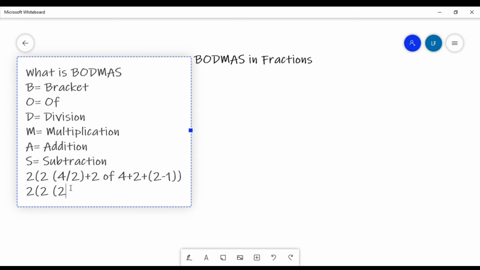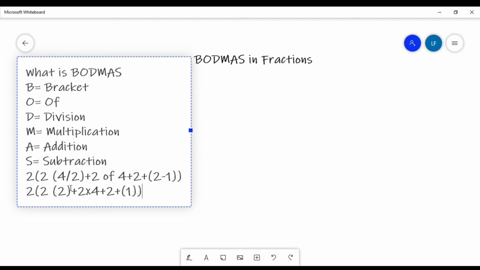Let me explain; I will show you later in this sum, but first let us do the sum. Of can also be written as a multiplication sign, right? And 4 plus 2 plus 2 minus 1 equals 7 within brackets.